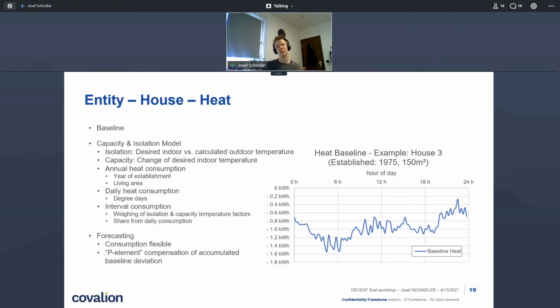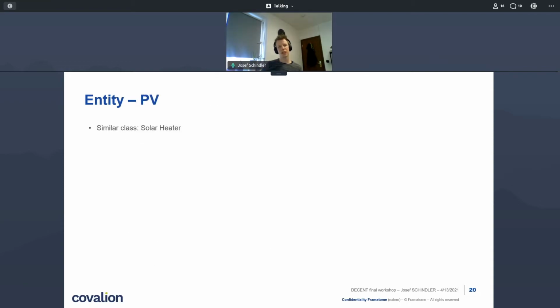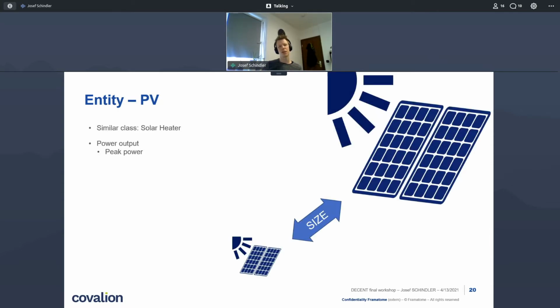So here we have the heat flexibility and the heat capacity, which has been stated as a very mature measure to give flexibility to a market. Next, we have the PV generation units, and of course, as a similar class, the solar heater.